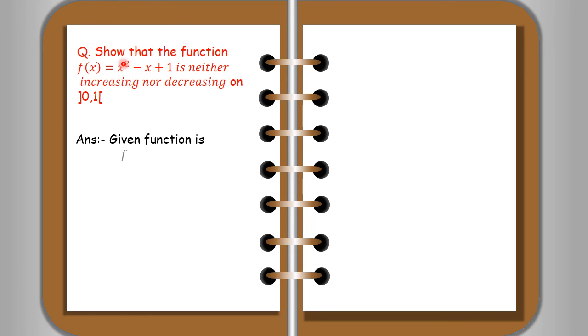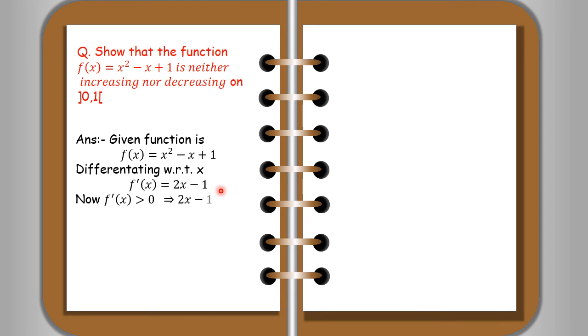The function is given as x square minus x plus 1. Now if we find the derivative, x square gives 2x, then x gives 1 and differentiation of a constant is 0. Now check here, if f dash x is greater than 0, that implies x is greater than half.